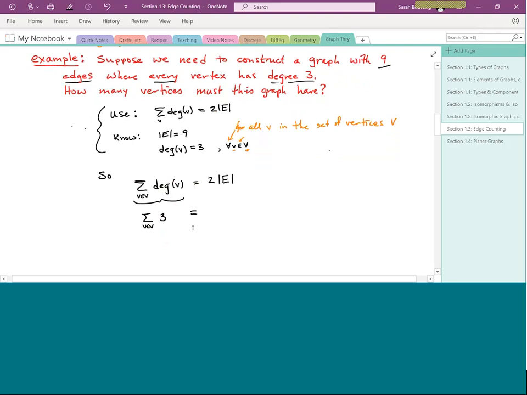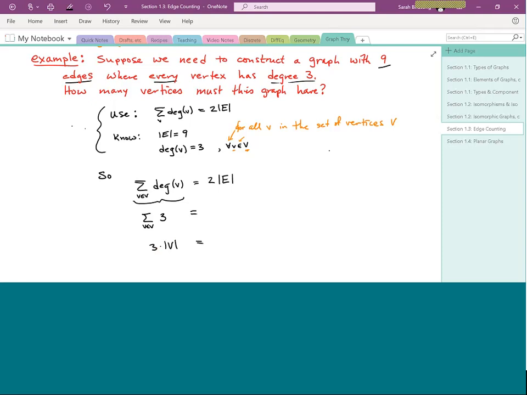That means we have 3 plus 3 plus 3, and the number of them is the same as the number of vertices that we're supposed to have. So this is exactly the same thing as saying 3 times the number of vertices. Okay? That's all dealing only with the left-hand side. Everybody okay with that logic so far? And remember, the absolute value around that capital V means the number of vertices.